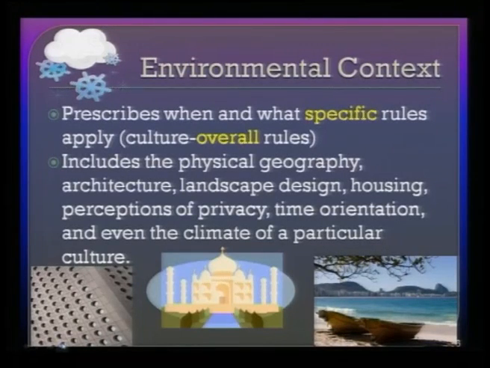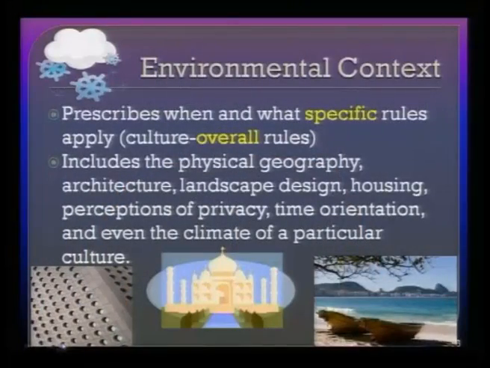Architecture: the way skyscrapers are determining one nation, and then there is another country where you hardly find five-storied buildings. Landscape design: how a garden is cultivated, what is meant as a garden of national importance, and how many gardens are there in a country.